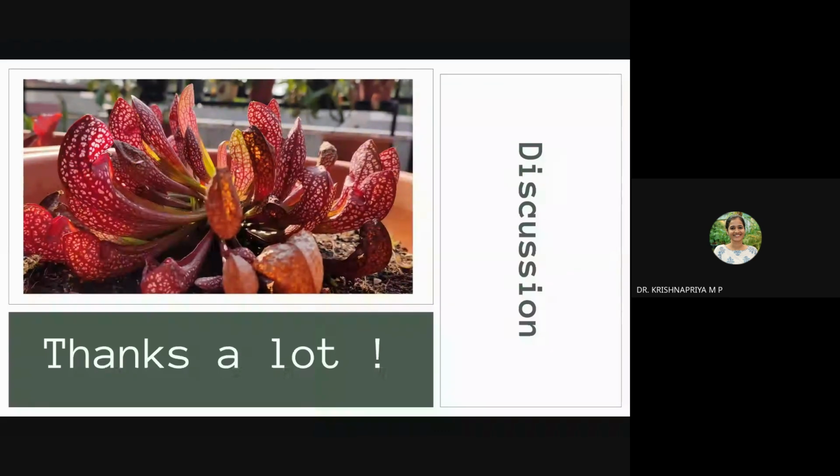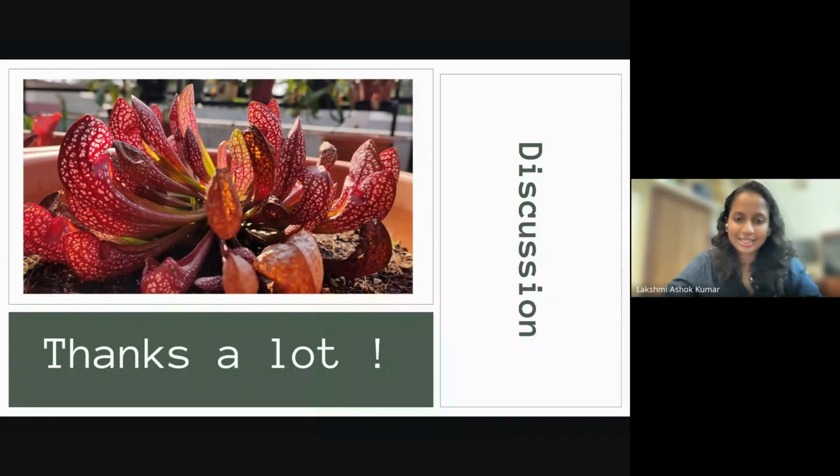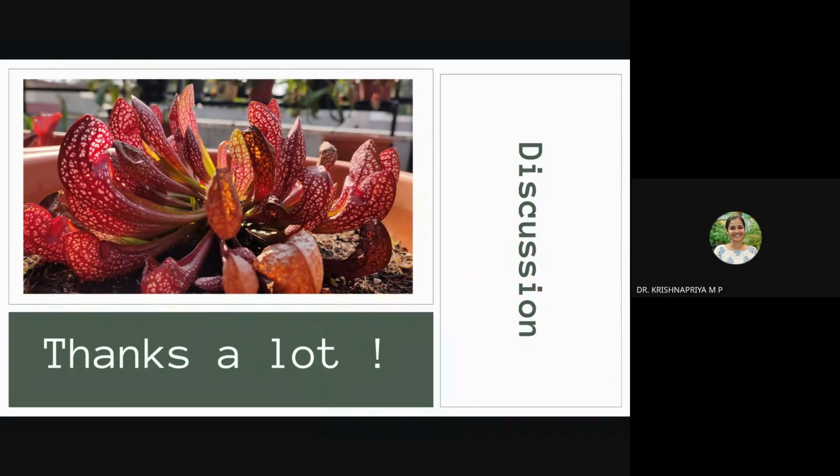You told me about the tree shrew, the connection with Nepenthes in Nepal. Actually, the tree shrew is a small mammal like a squirrel.